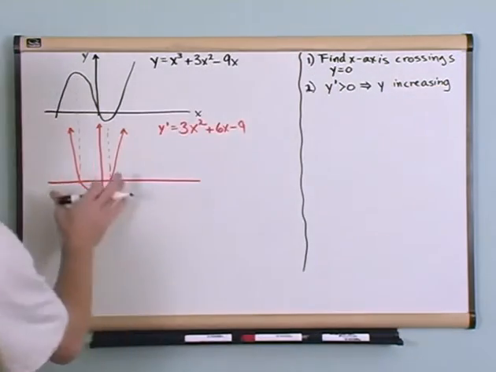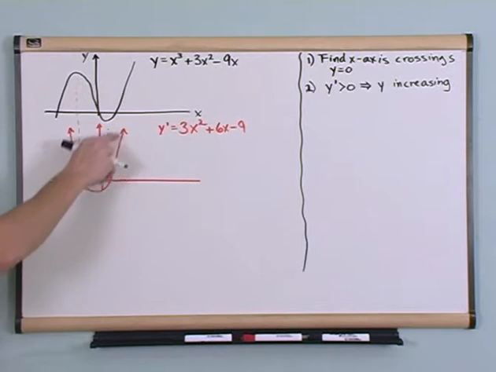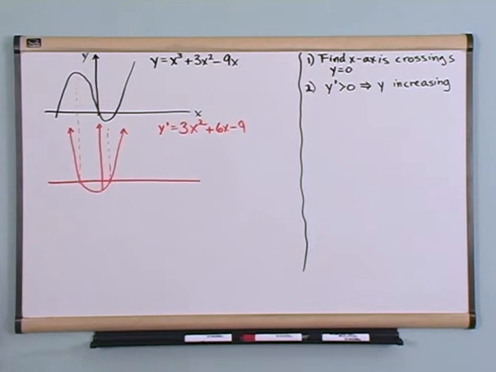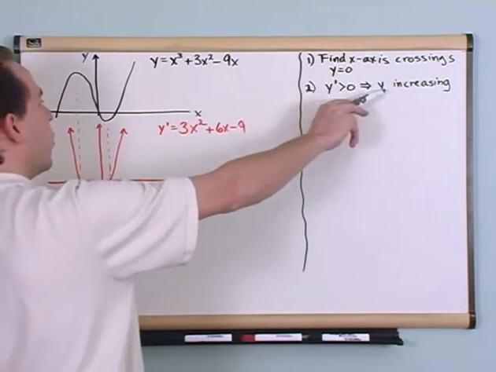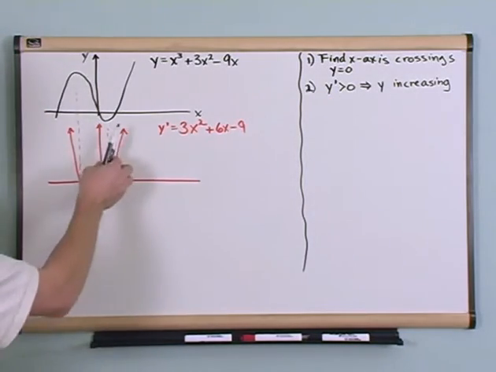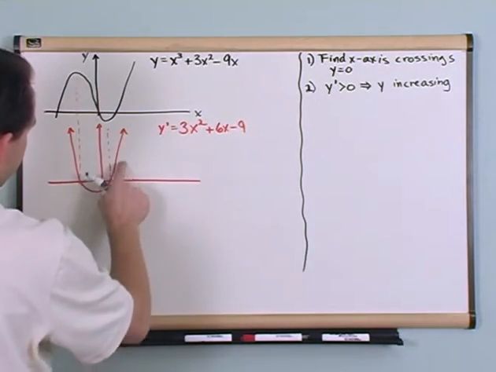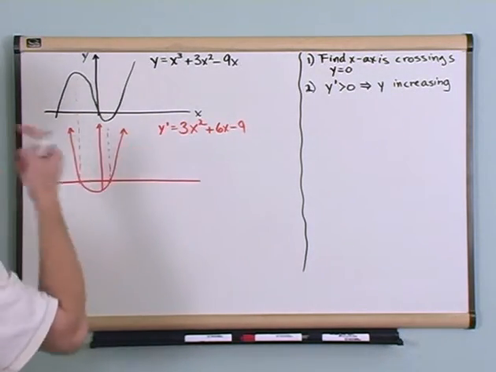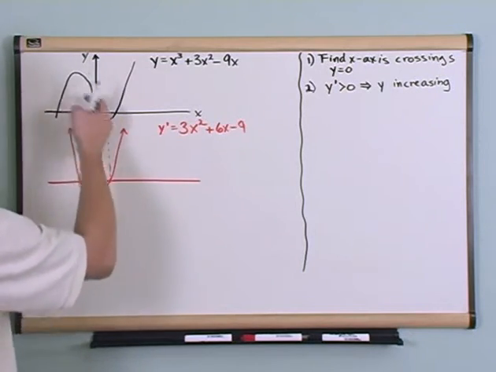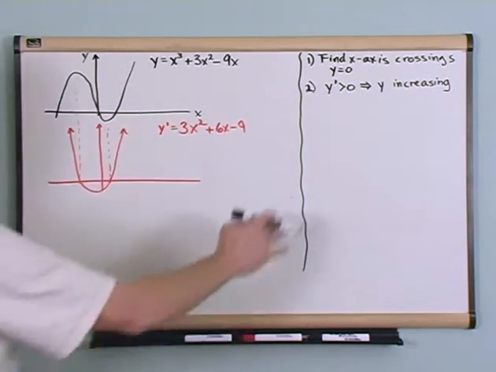So in any place the derivative is greater than 0, that definitely means, for sure, that the original function y is increasing. You can convince yourself of that here. The slope here is positive, so the derivative is positive. And so in these two regions, definitely the slope is going up and y is increasing.